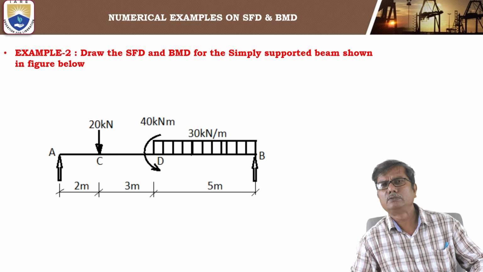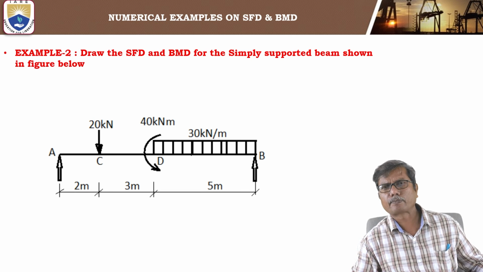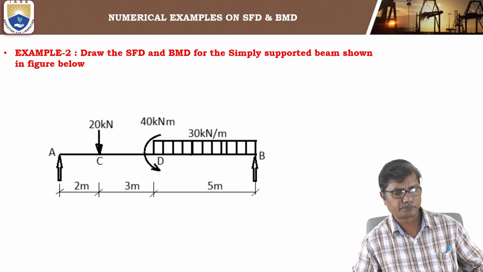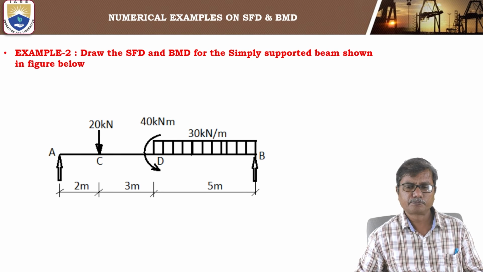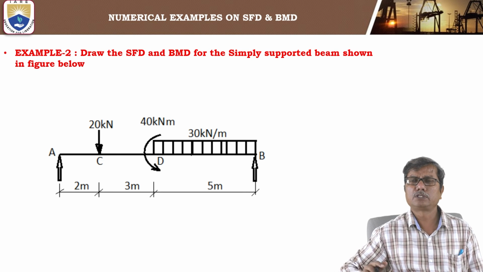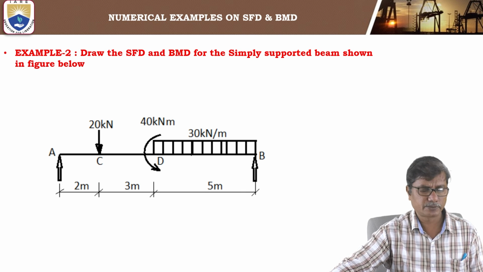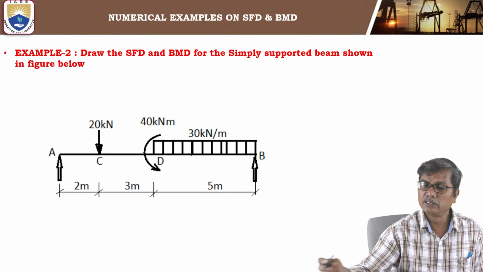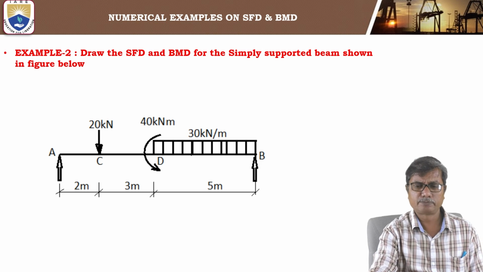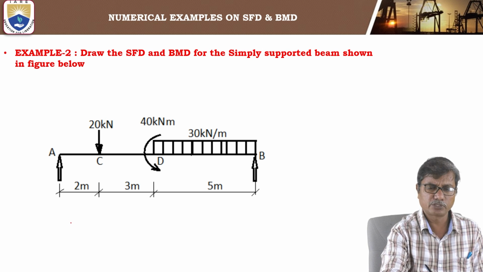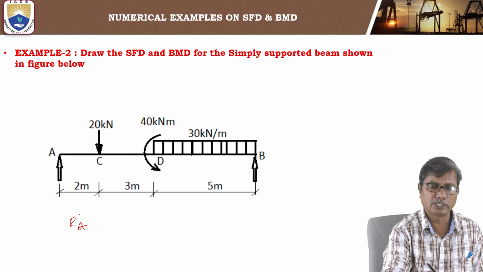How to work out this problem? How to draw the shear force and bending moment diagrams for this? The procedure is the same as before. The first step is to calculate the reactions RA and RB.